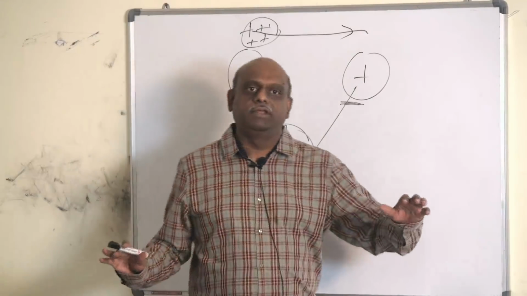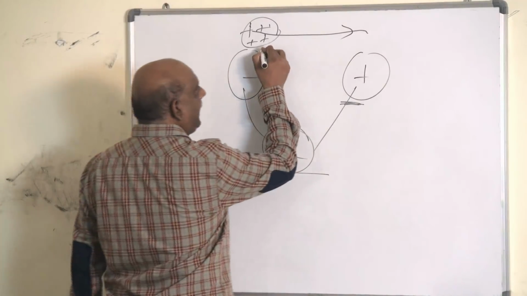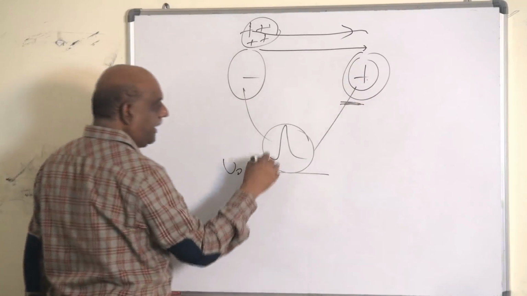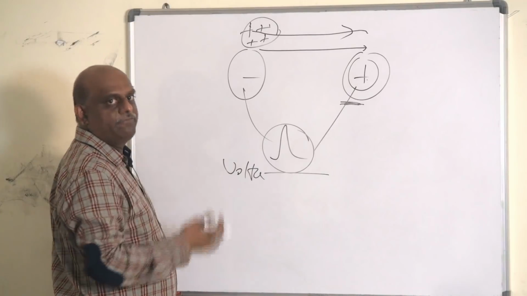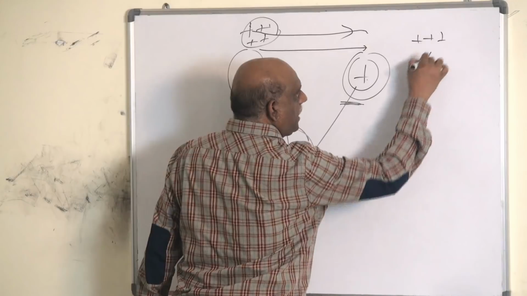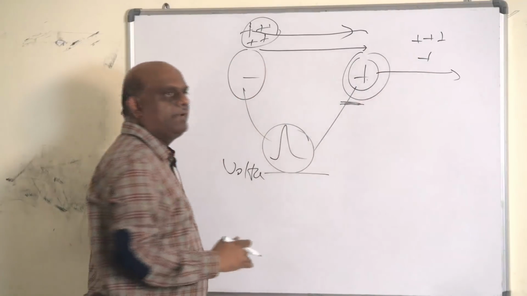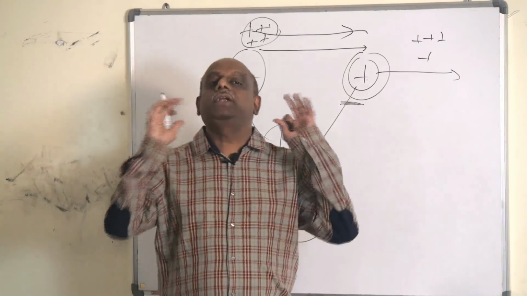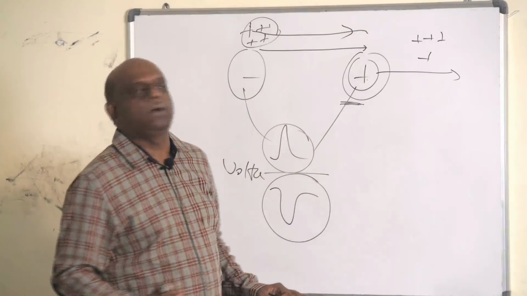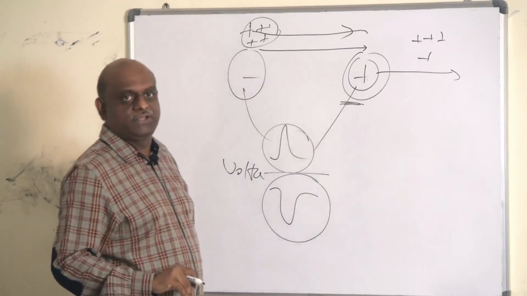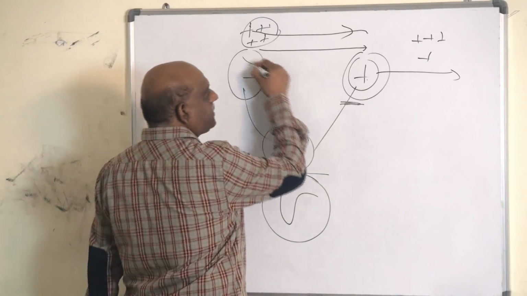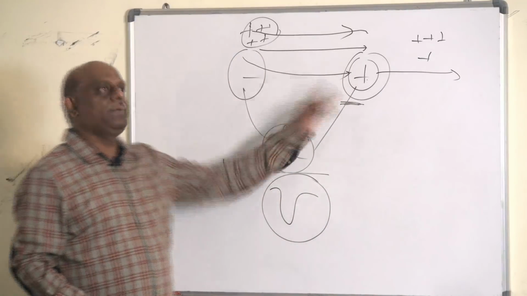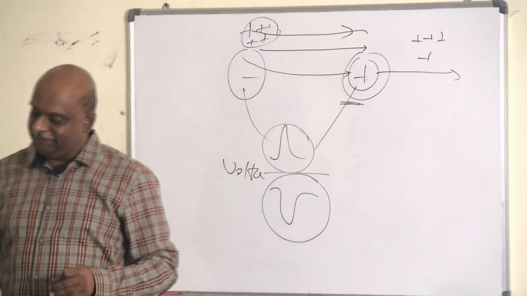Whenever the electric charge is traveling towards a positive electrode, it leads to positive, upward deflection. Whenever the electric charge is leaving the positive electrode, it leads to negative deflection. This is what you need to remember. Entire ECG is all about positive and negative deflections, depending on whether the charge is traveling towards or away from the positive electrode.